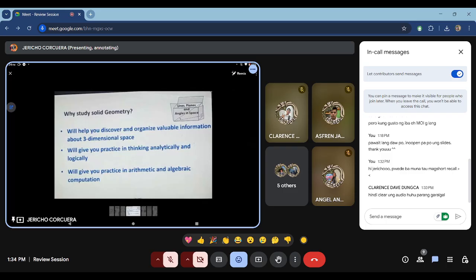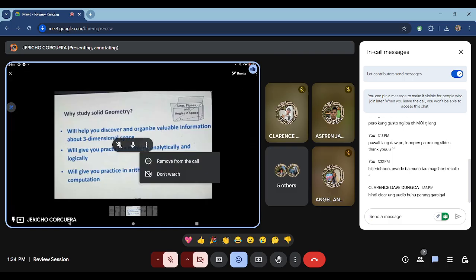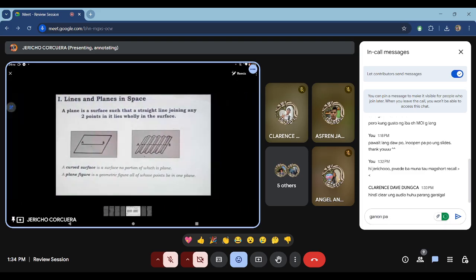So, alam niyo na siguro yung why study solid geometry. To discover organized, valuable information about the 3D space. And then, analytical thinking and logical thinking, mapapractice, then arithmetic and algebra computation, you know. Alam niyo na siguro yung plane, it's a surface such that a straight line joining any two points in it lies wholly on the surface.